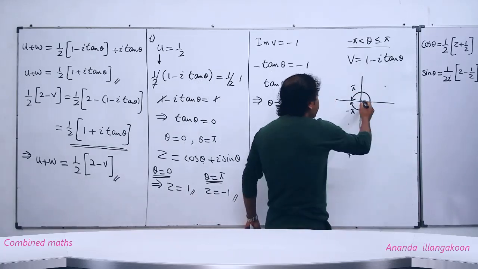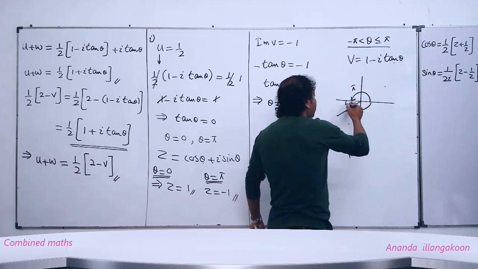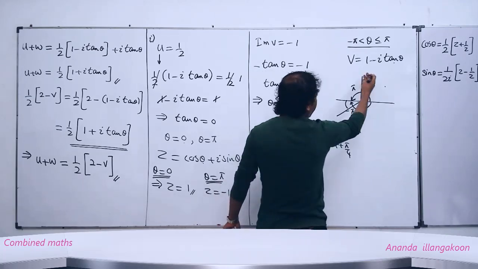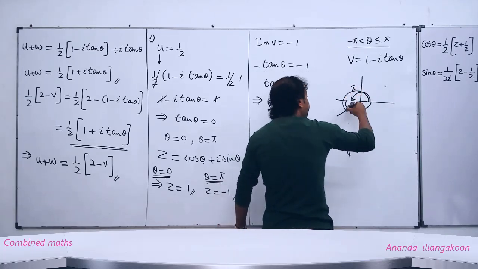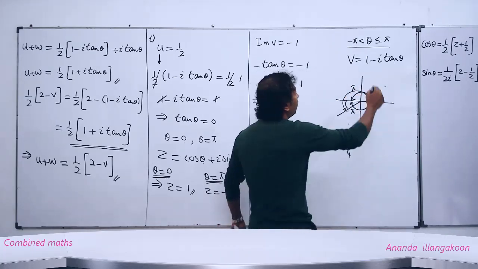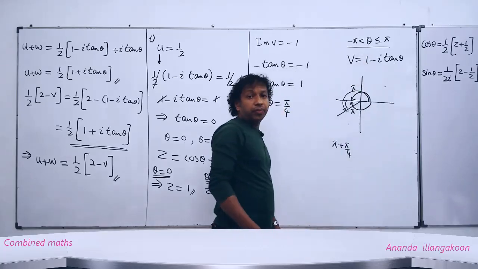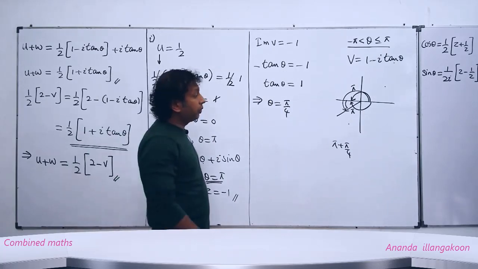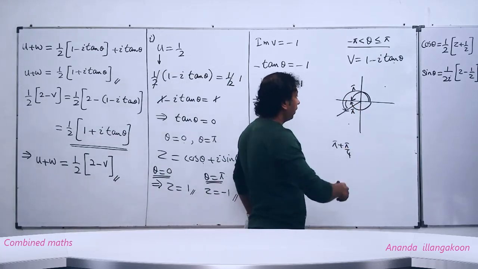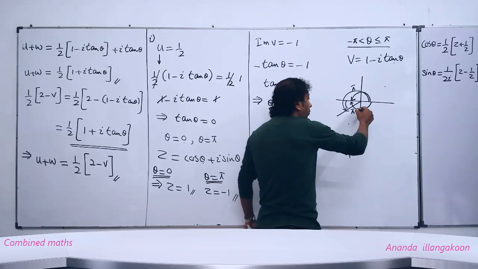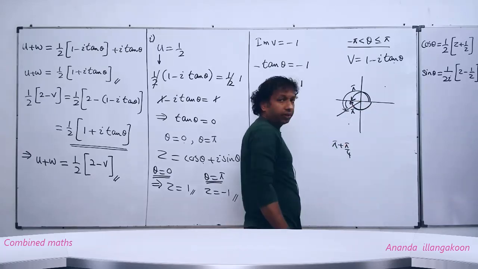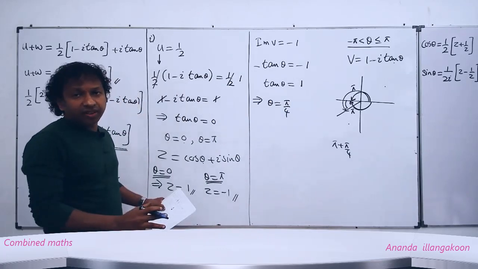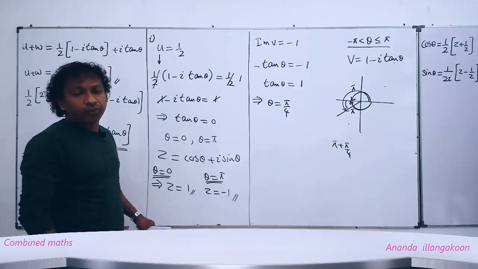That location is this, having pi by 4. Then in the anti-clockwise sense you can't come up to this position. Why? Because this theta range plus pi is exceeded. Then we have to go in the clockwise sense. When I come up to minus pi, before minus pi, at an angle pi by 4, we have to stop.